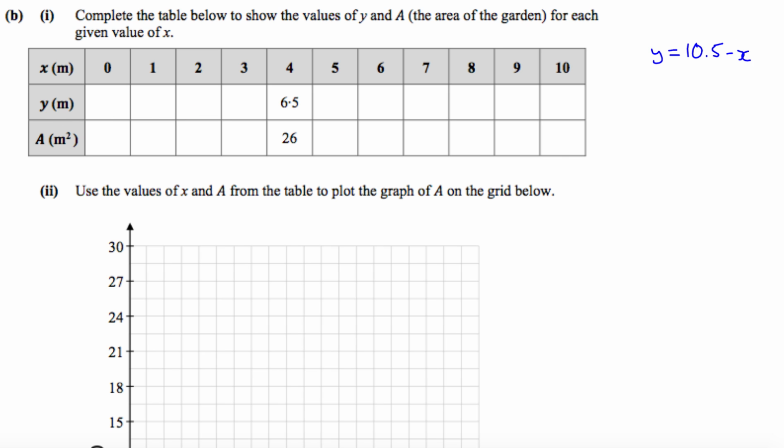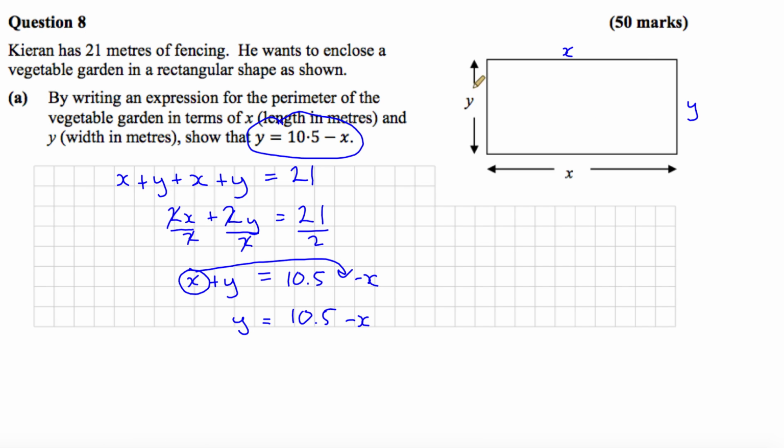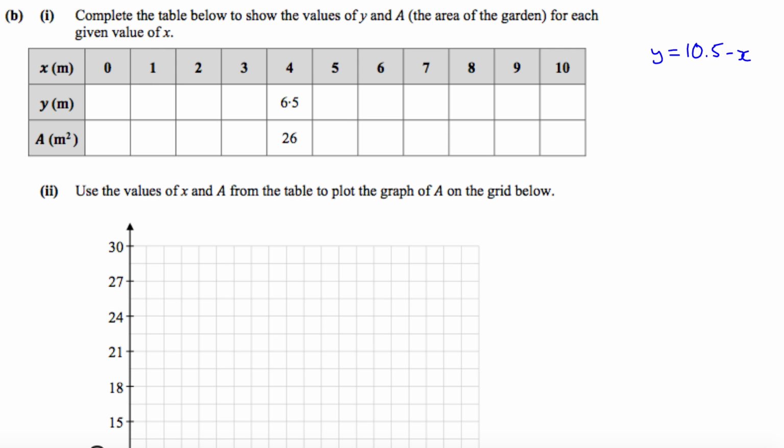The area of a rectangle is the length by the width, so the area will be x times y, x multiplied by y, xy. Okay, so if we have a value of 0 for x and we put that in here, that gives us a y value of 10.5.